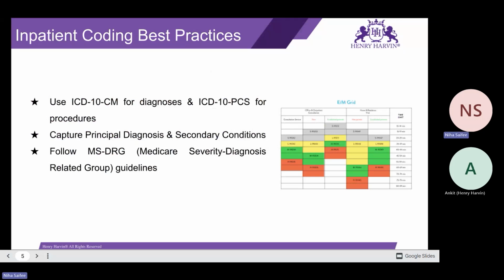So principal diagnosis is the main thing that you need to capture when you're talking about ICD codes in inpatient, because your selection of principal diagnosis is going to greatly affect the coding, the reimbursement, also the DRG. So what is a DRG?